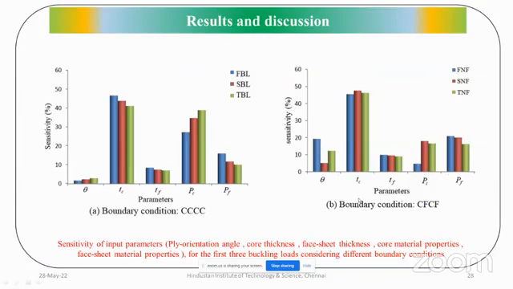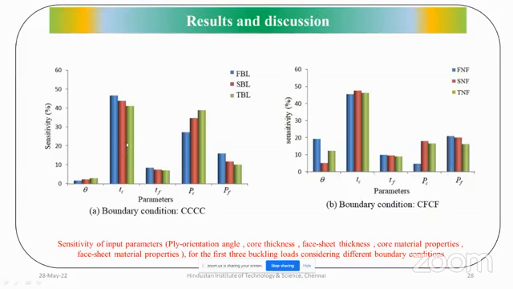Now the sensitivity analysis is conducted in order to assess the importance of different input parameters on the overall response of the structure. From the sensitivity analysis, we can see that TC is the core thickness and PC is the core material property.